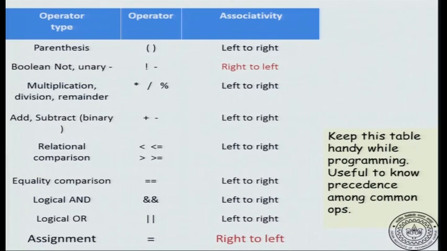There are a couple of exceptions. One we have already seen, the assignment operation is right to left. The unary operations are also right to left. Most of the other operations are left to right. If you think for a little bit, you can see that the associativity for unary operations is easily seen to be right to left.